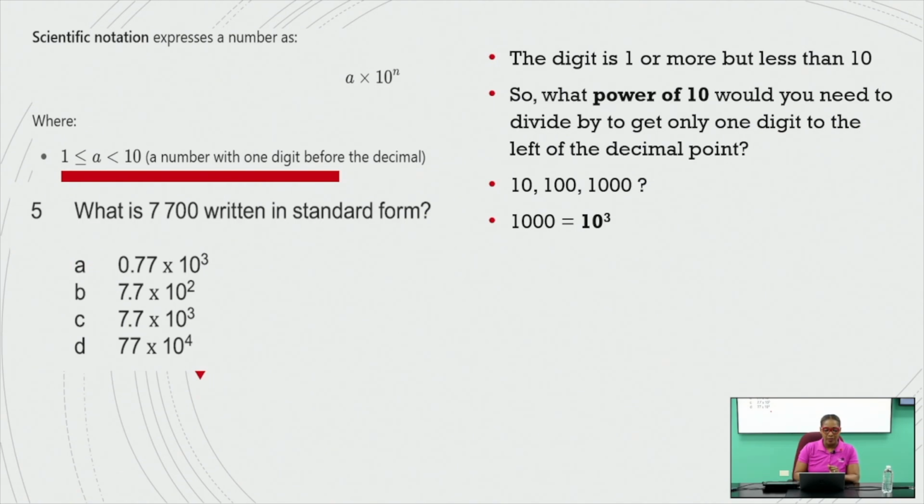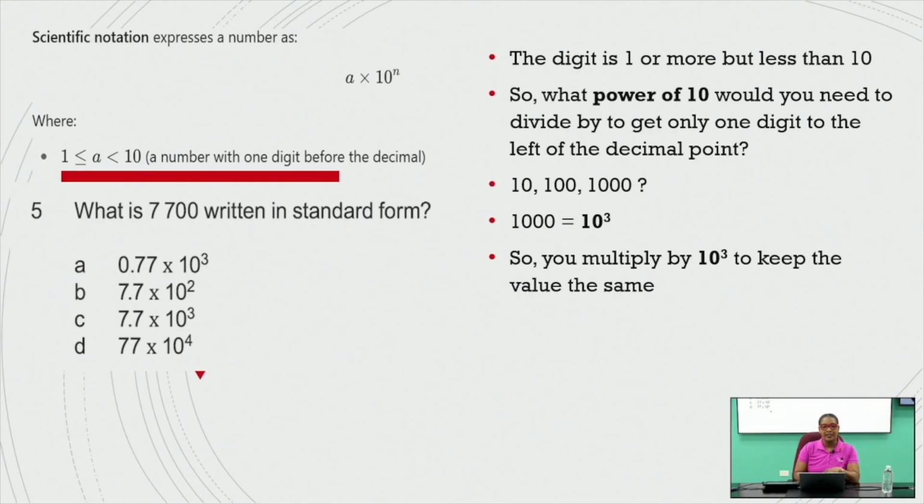What about 1,000? Most definitely. I'm going to get 7.7. And then when I multiply it back by 10 to the third power, or 1,000, I'm going to get back my original figure. So the option here is option C.